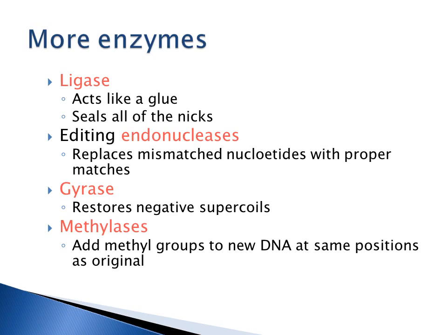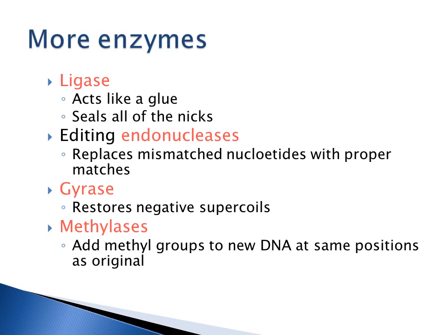There are other enzymes that are very important in replication. Ligase is the enzyme that is a glue. So that's what's going to seal any nicks, seal all those Okazaki fragments together once they're all made. There are editing endonucleases that are going to replace any nucleotides that get placed in that don't match.